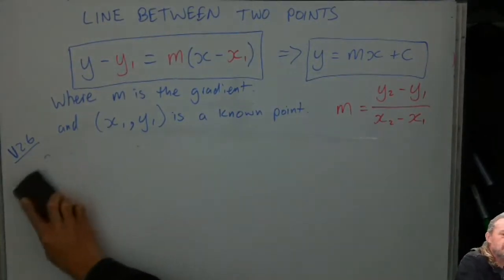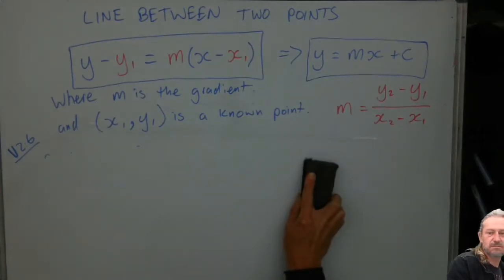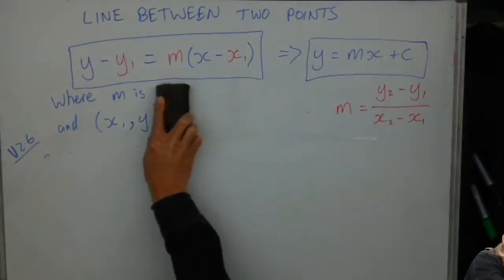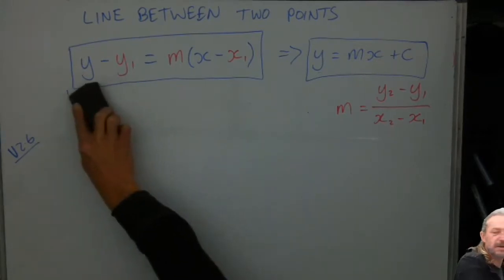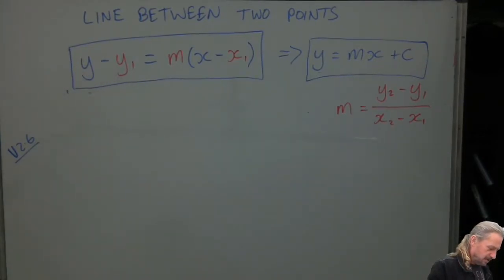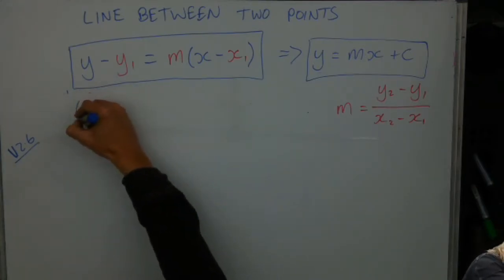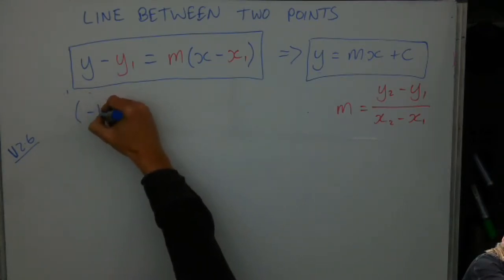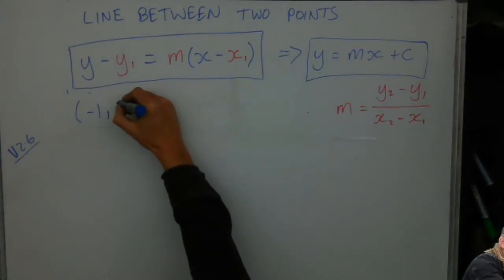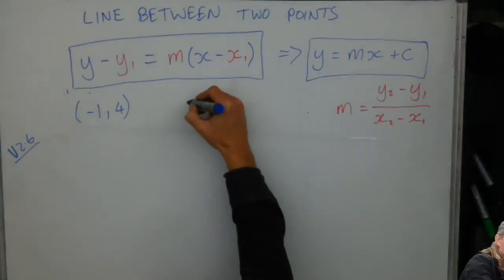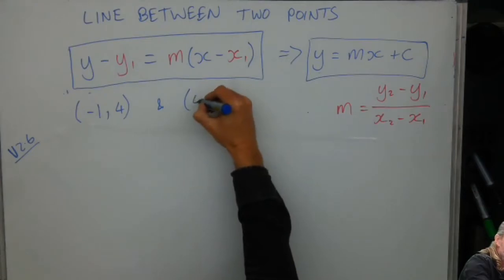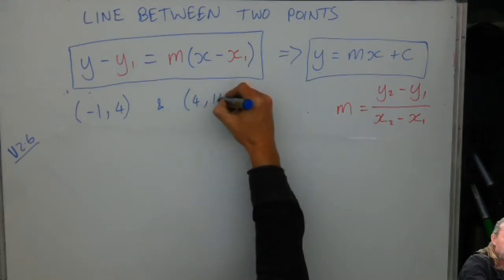I'll get rid of that to give us a little bit more space. So our next one: find the equation of a line that passes through, and I'll write these as 2 points, -1, 4, and 4, 14.